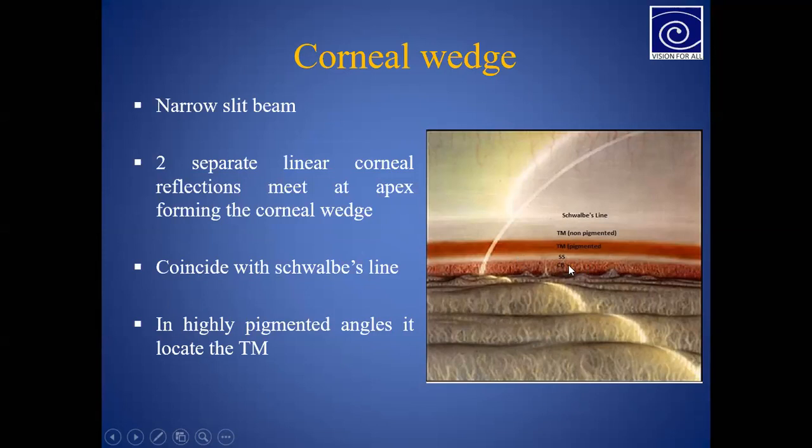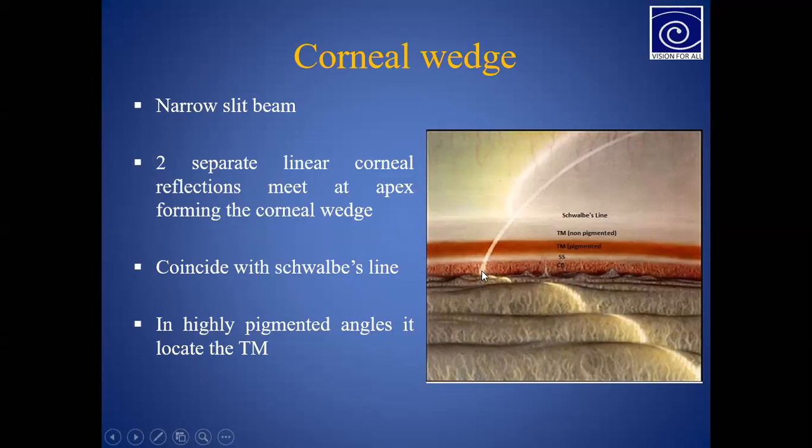The ciliary body band is just the root of the iris. From there the iris originates, simply put. And this is called the corneal wedge. This reflection comes from the corneal layer, and one from the iris structure.